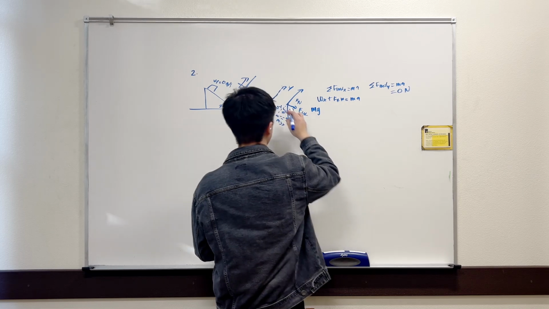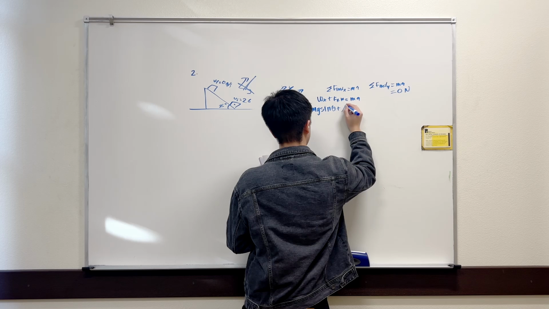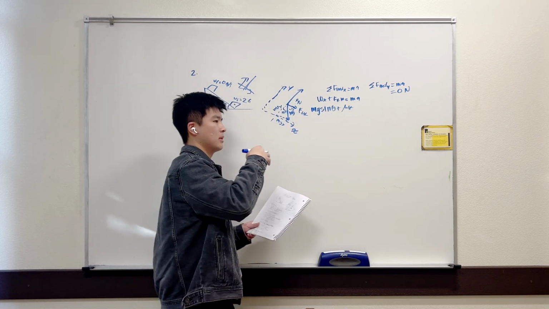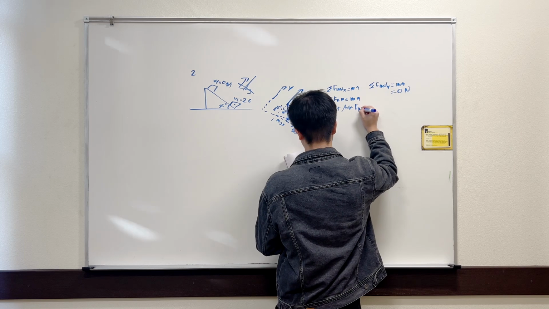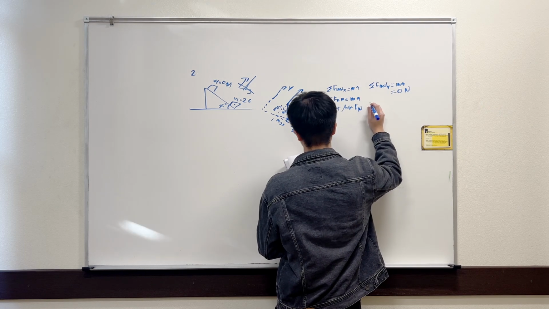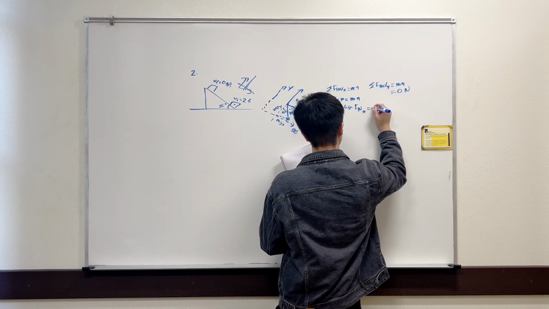It would be mg sine theta, plus the coefficient of friction times the normal force, Fn, so mg sine theta plus mu Fn equals ma.